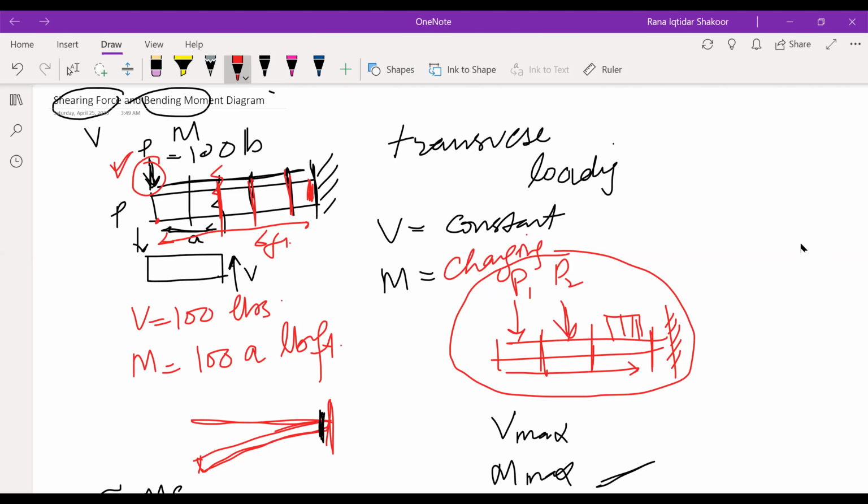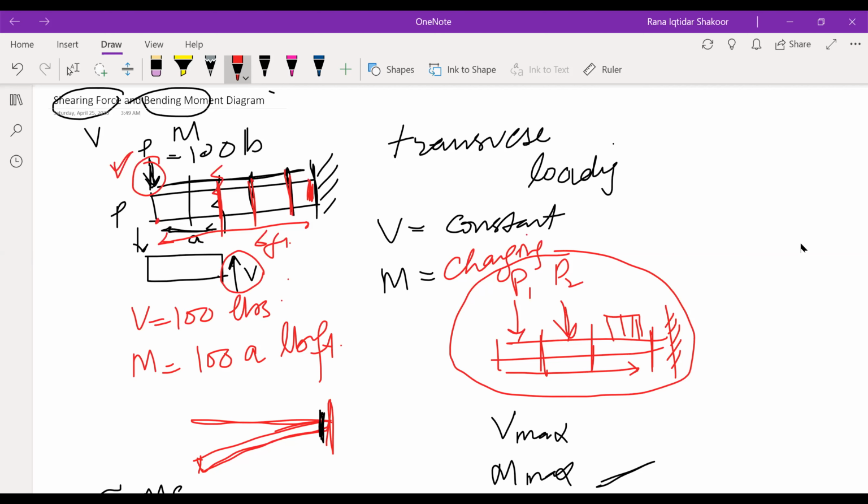You see the shearing force over here, and this is equal and opposite to the load P which is being applied. In the case of transverse loading, V is constant. We take any section at any point, V will be equal to the load applied on it.